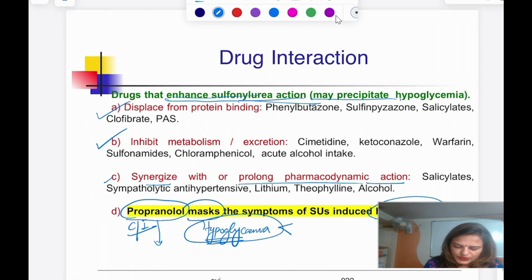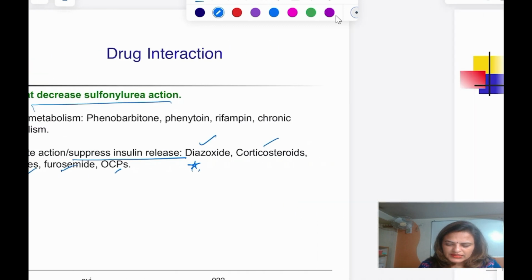That's why the word used here is mask. Propranolol masks the symptoms of sulfonylurea-induced hypoglycemia, like sweating, anxiety and tremor. The patient will not feel the early symptoms and may go directly to neuro symptoms, even coma. That's why propranolol or beta blockers are contraindicated in diabetes mellitus patients.